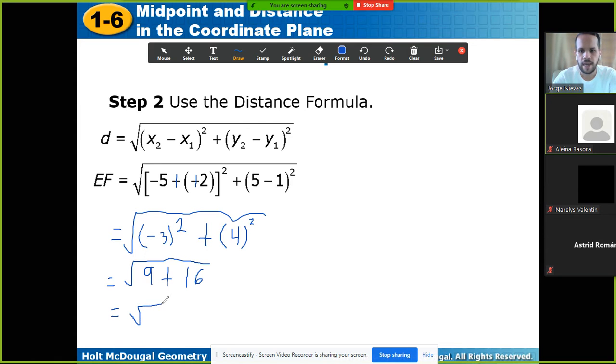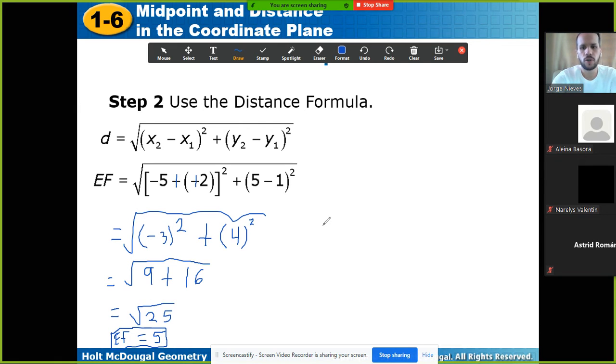And when we evaluate this, what is the distance then? Cuando usted evalúa la raíz cuadrada de 25, ¿cuál es? La vimos ahorita, 5, porque 5 por 5 es 25. Usted hace eso en su calculadora. Se supone que eso lo haya visto en álgebra.